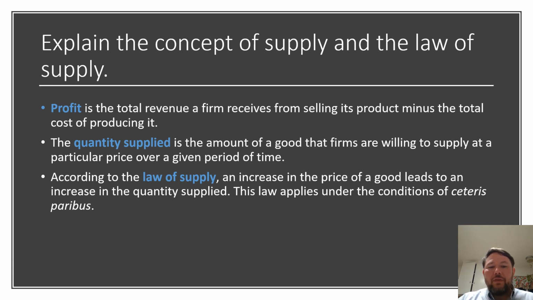So when we think about profit, profit's going to help dictate the quantity supplied, right, at a given time. And so quantity supplied, as we think about that in economics, is very similar to quantity demanded. Quantity supplied is the amount of a good that firms are willing to supply at a particular price over a given period of time.